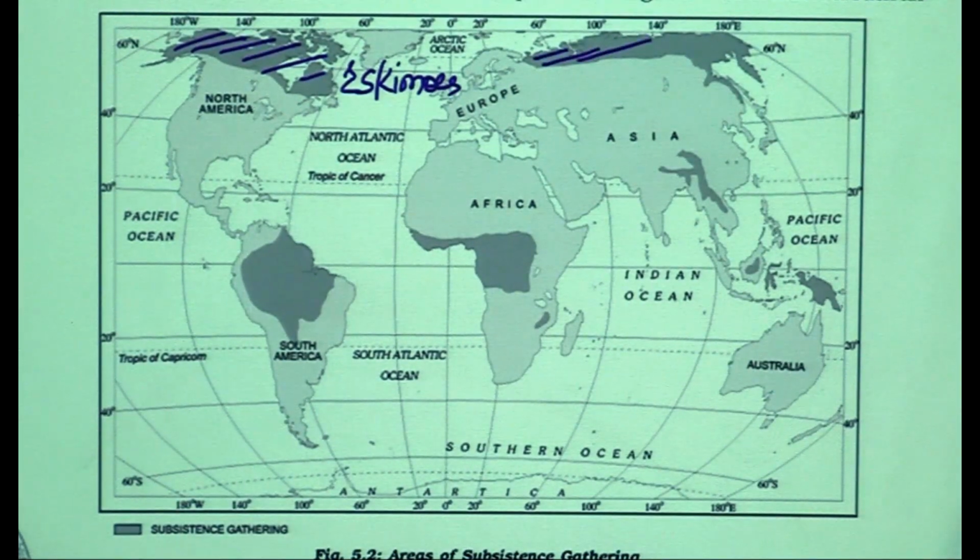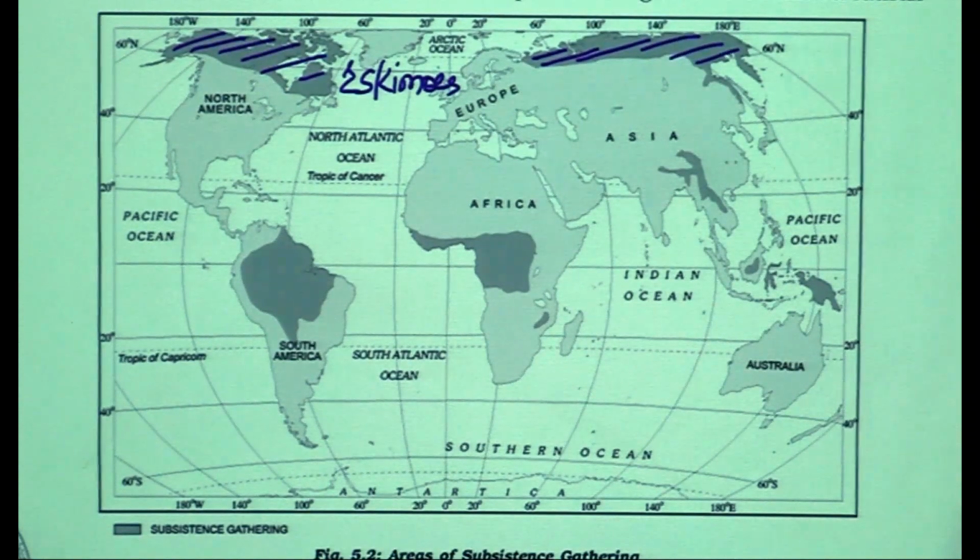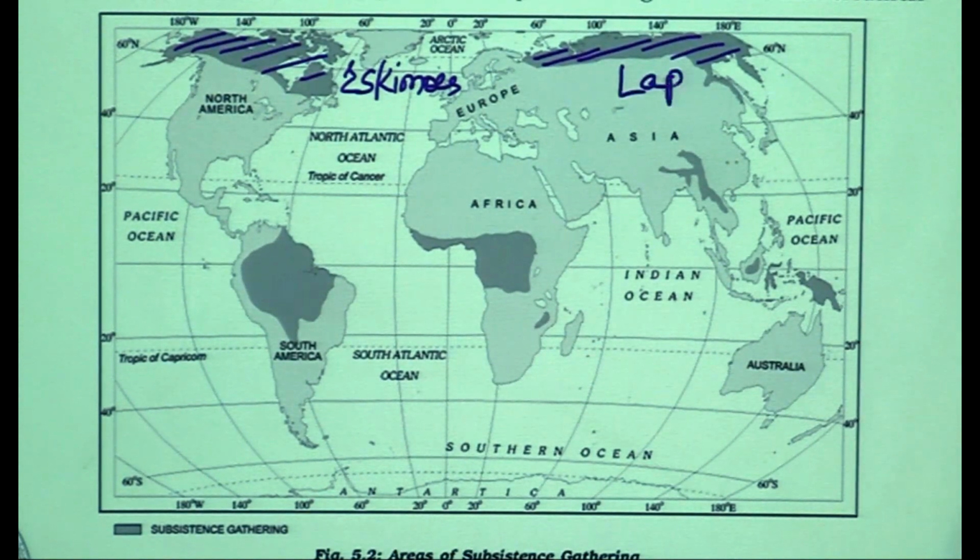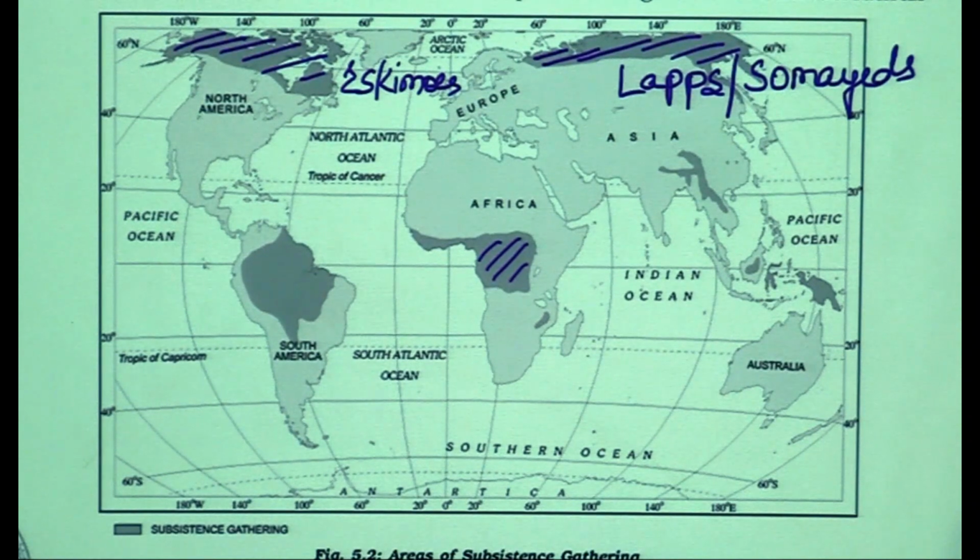In northern Eurasia, including Siberia, here we have got primitive population like Lapps and Samoyeds. We have the subsistence gathering in Congo Basin. Congo Basin is essentially known for pygmies.